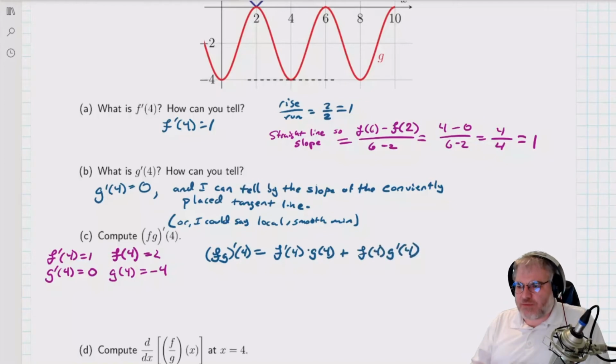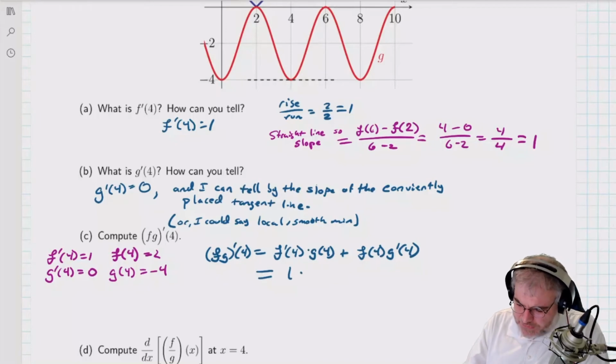I'm actually going to write out what I'm going to do, then make the substitutions. This one's 1. This one right here is -4. I'll be careful with him. Plus f of 4, which is 2, and g prime of 4, which is 0.